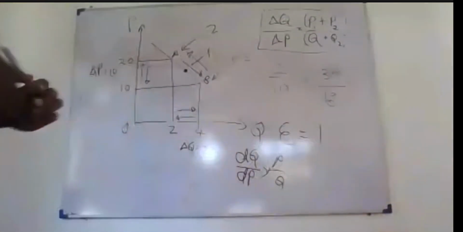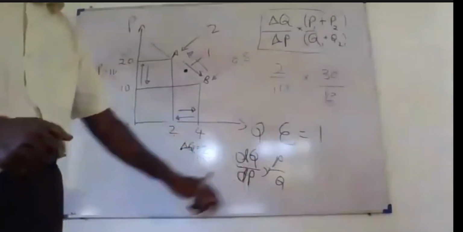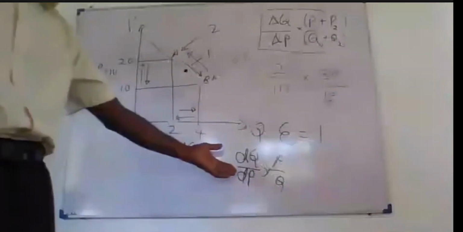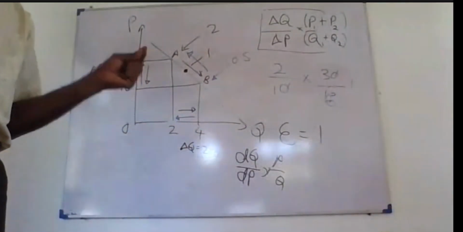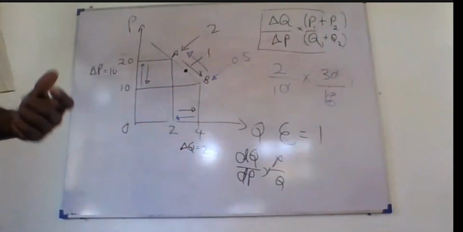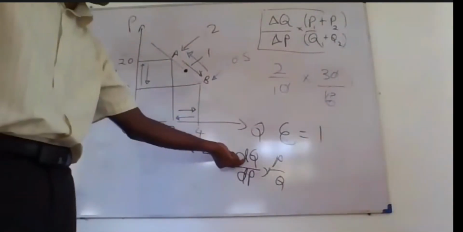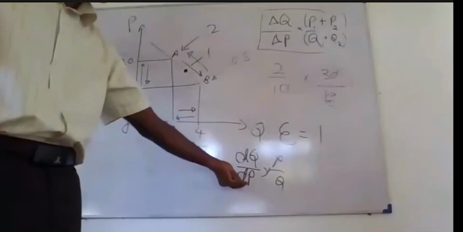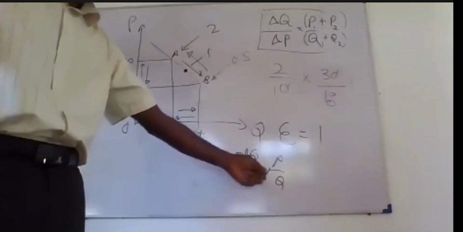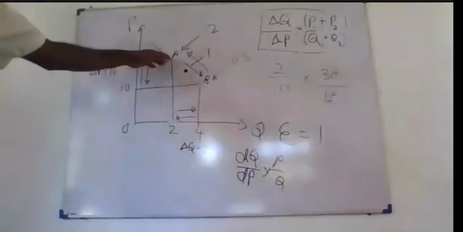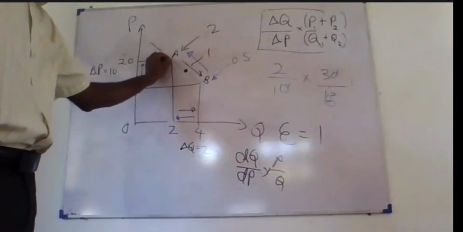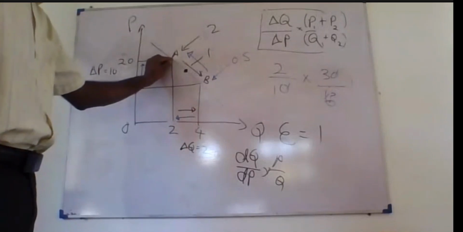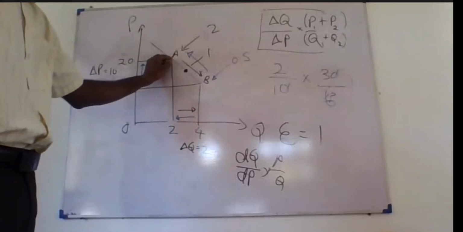So this dQ by dP, in differentiation, you know it is a very small amount of change, right? Which is closer to 0, but not 0. So it's a very small change in Q divided by a very small change in P, multiplied by the point we are interested in. Then we can calculate exactly at this point. Not this much change, it is a very small change, and we calculate the elasticity value at this point.